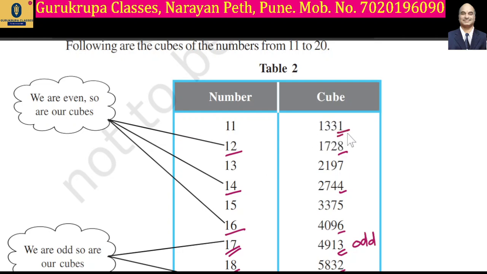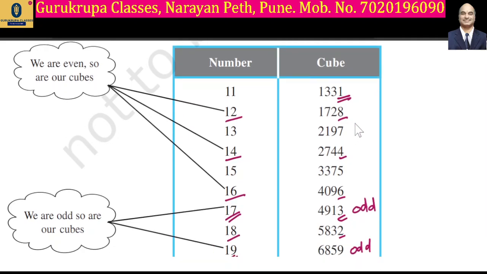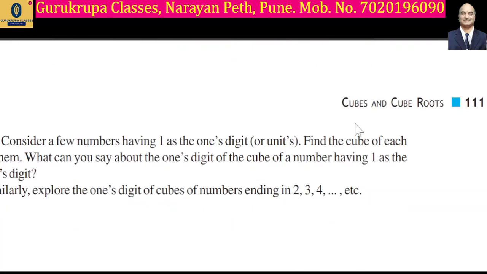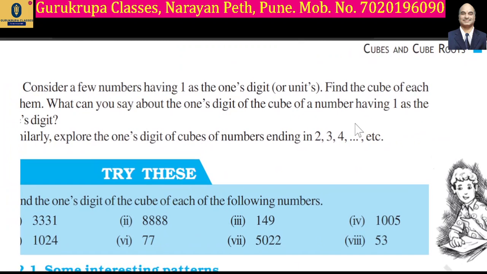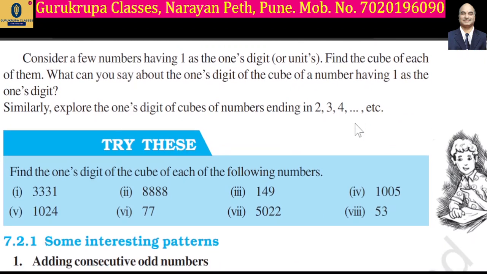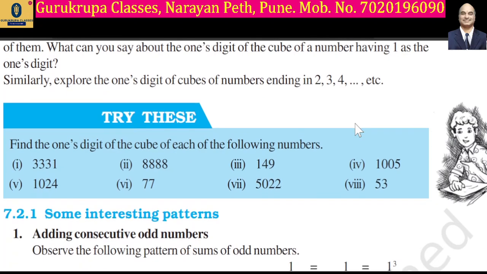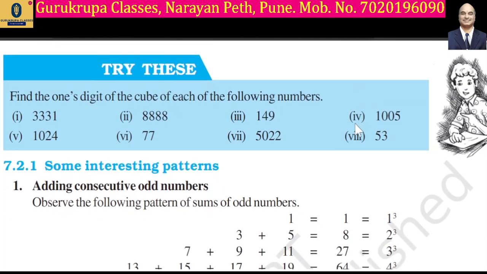So there is a 1 in the unit place. This is an interesting thing. The number having 1 as its ones digit has a cube that also has 1 as its ones digit.